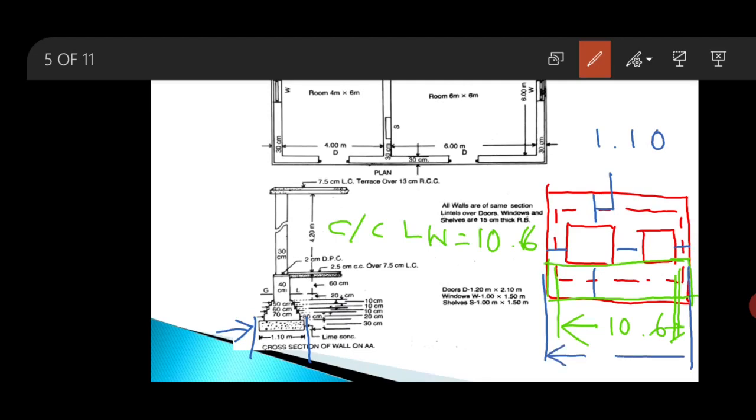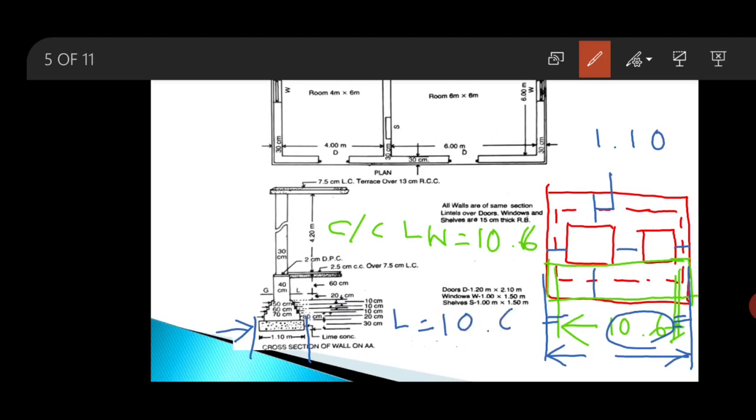This out to out dimension will be calculated by adding half of the width on one side and half of the width on the other side to the center line length. Then we will get the total out to out dimension along long wall.